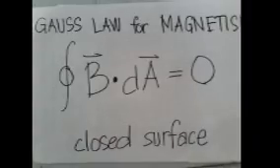By analogy, if there were such a thing as a single magnetic charge, or magnetic monopole, the total magnetic flux through a closed surface would be proportional to the total magnetic charge enclosed. But as we have mentioned, no magnetic monopole has ever been observed.